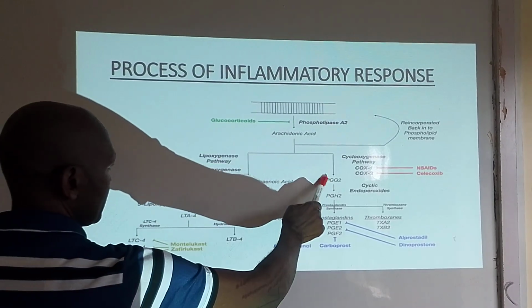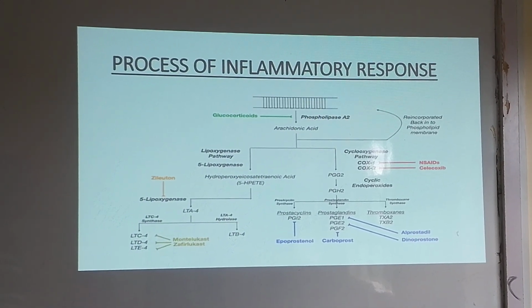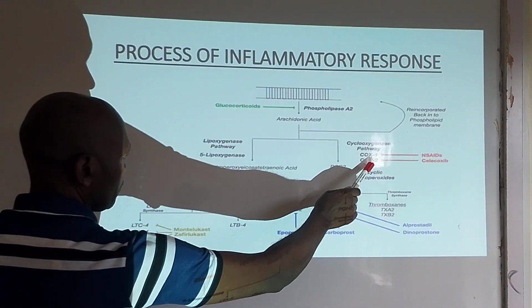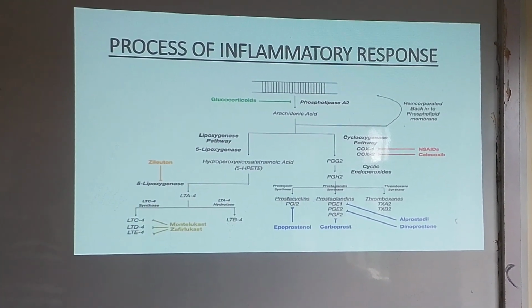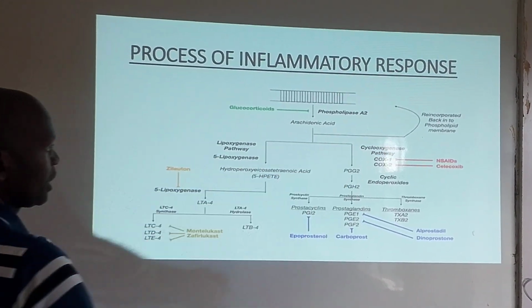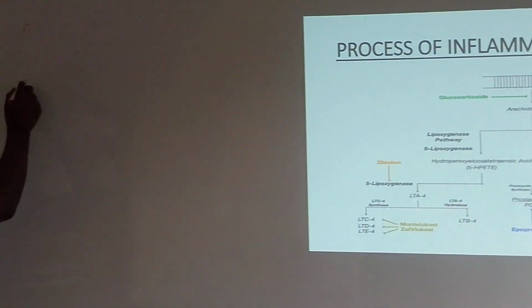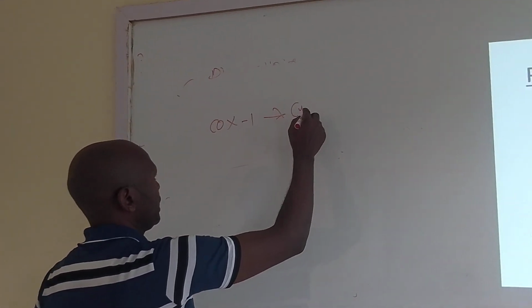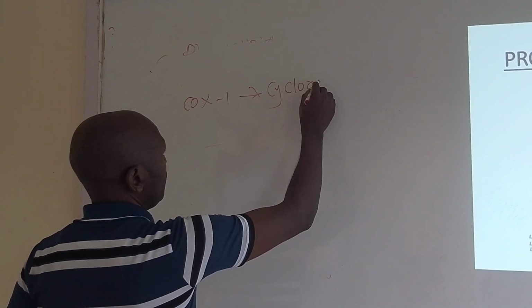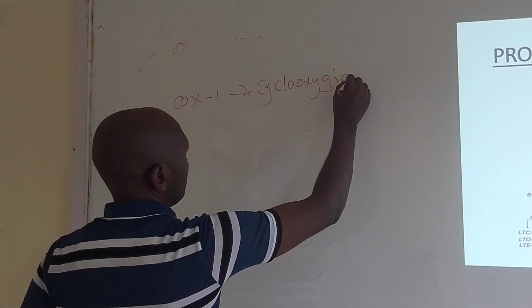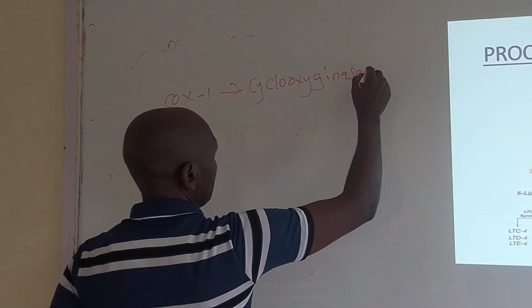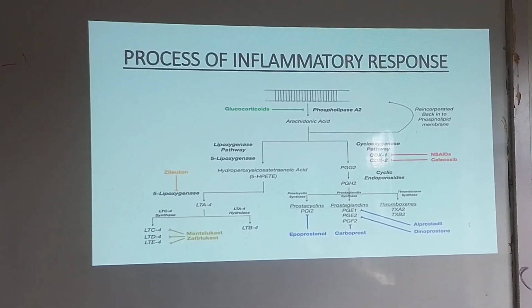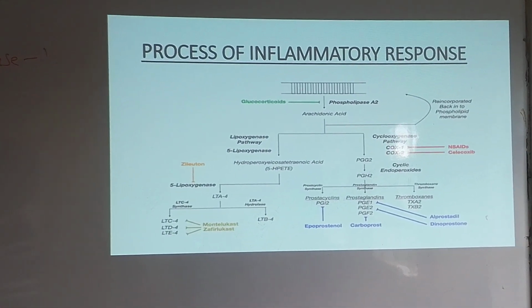So let's see what happens if it takes the COX pathway. There are two enzymes in the COX pathway. You have COX1 and COX2. What you need to know is that COX1, what we are referring to as cyclooxygenase 1, is an enzyme that is distributed all over the body.